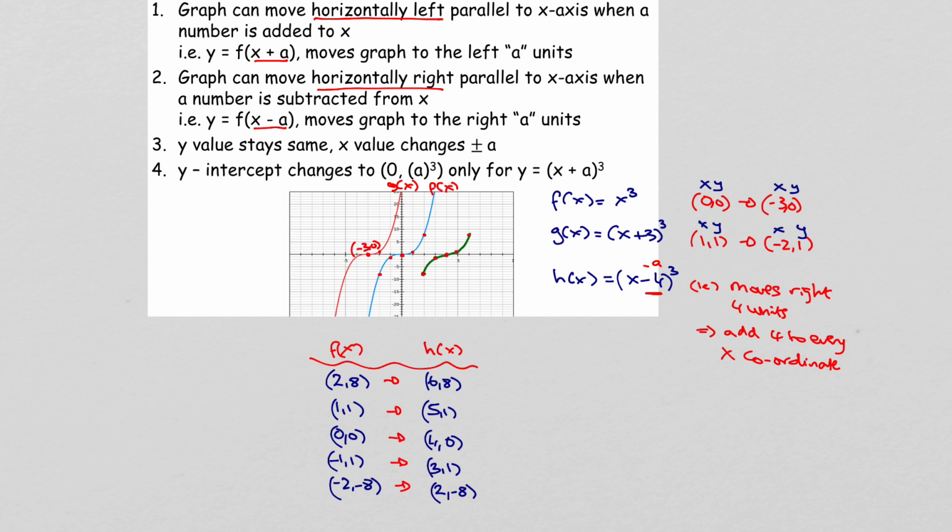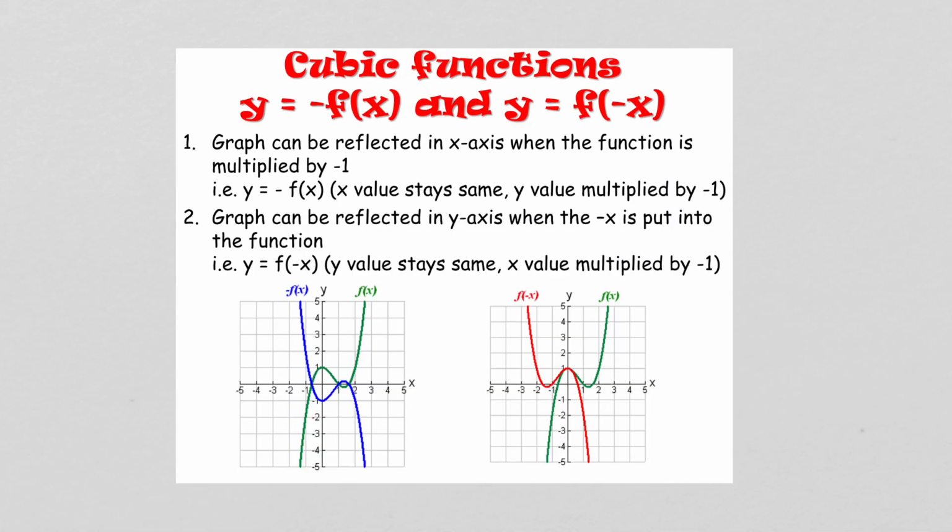So we can do our little sketch of our graph, and we can see we're getting exactly the same shape. But the whole graph has just been shifted to the right. When we're looking at multiplying the whole function by minus 1, then the graph is reflected in the x-axis.